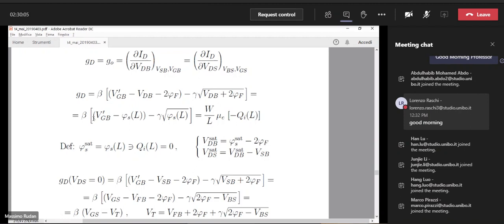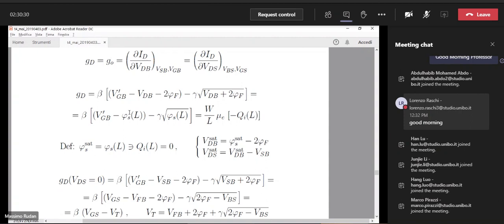Okay, so this is easily calculated because it is a second-degree algebraic equation. So we calculate which value of phi s of L makes this parenthesis equal to 0, and we call it saturation voltage. Okay.